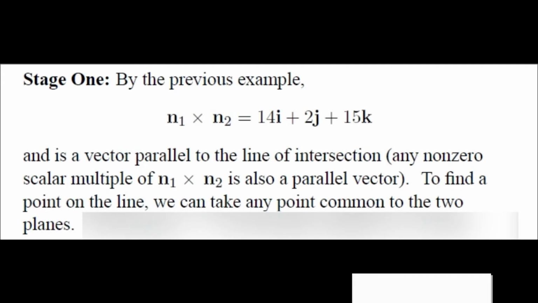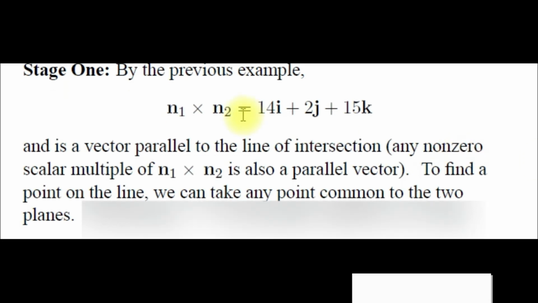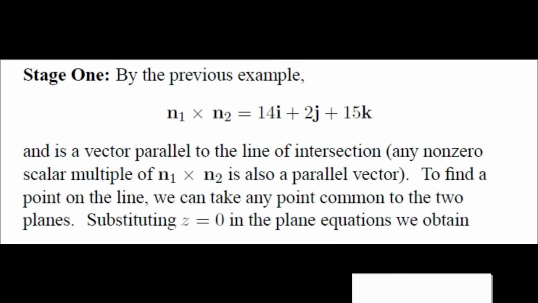Stage 1. By the previous example, vector n1 cross vector n2 is equal to 14i plus 2j plus 15k and is a vector parallel to the line of intersection of the given two planes. We note that any non-zero scalar multiple of vector n1 cross vector n2 is also a parallel vector. To find a point on the line, we can take any point common to the two planes.